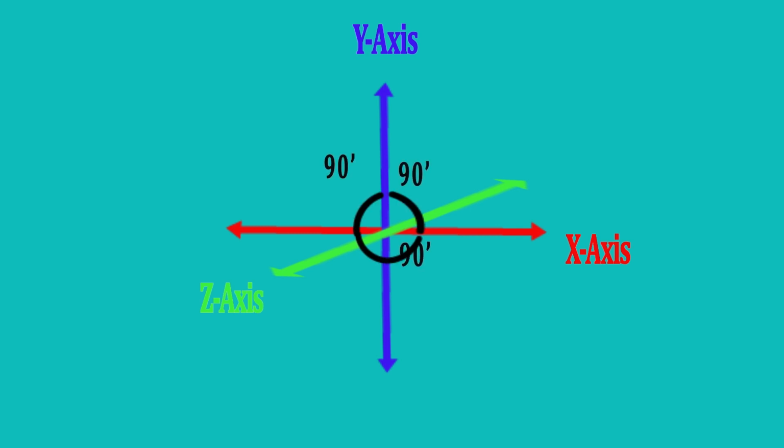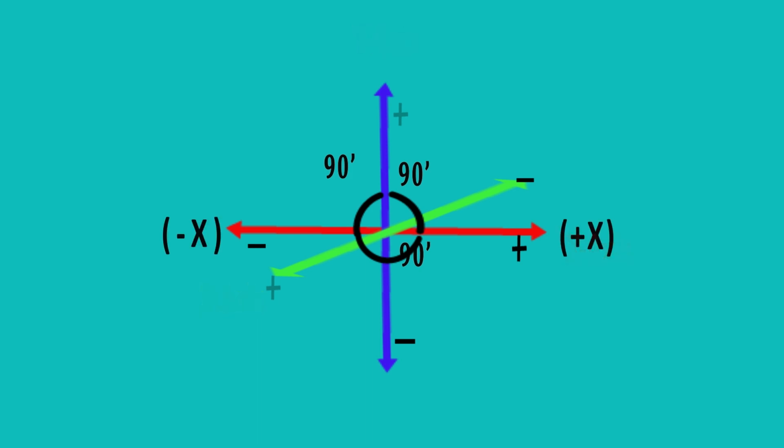These coordinates have two directions. They have positive as well as negative values. For example, plus x-axis and minus x-axis, plus y-axis and minus y-axis, plus z-axis and minus z-axis.